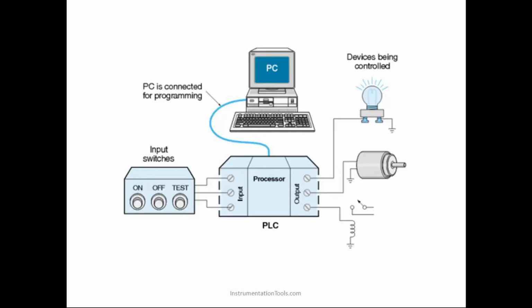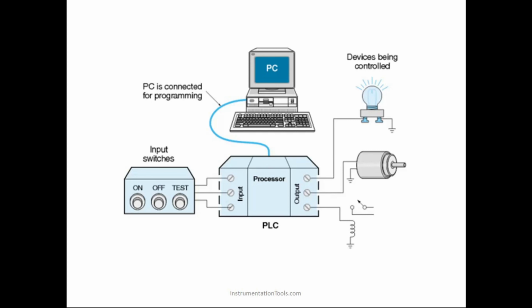In the next PPT, we have a picture in which a computer system is connected to the processor of the PLC. A programming cable is used here to connect the PLC with the PC. As per our process requirement, whatever we need to control, whatever signal we need to observe, we will be programming our PLC using the computer system itself.